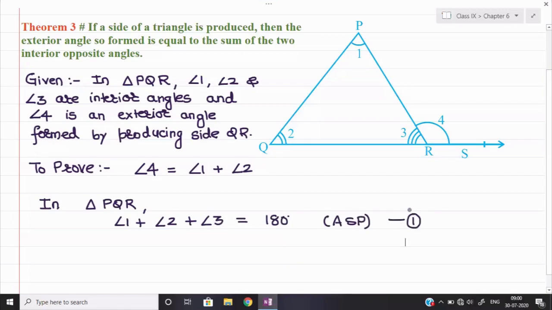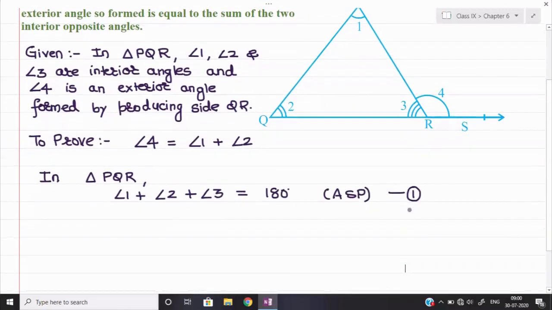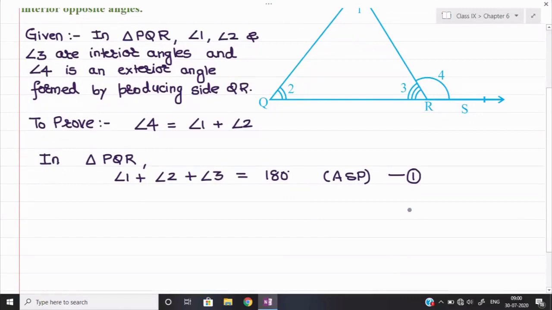Look at angle 3 and angle 4. Can I say that they are forming a linear pair? Yes. So we can also write angle 3 plus angle 4 would be equal to 180 degrees. Equation number 2, and this we can say by linear pair.